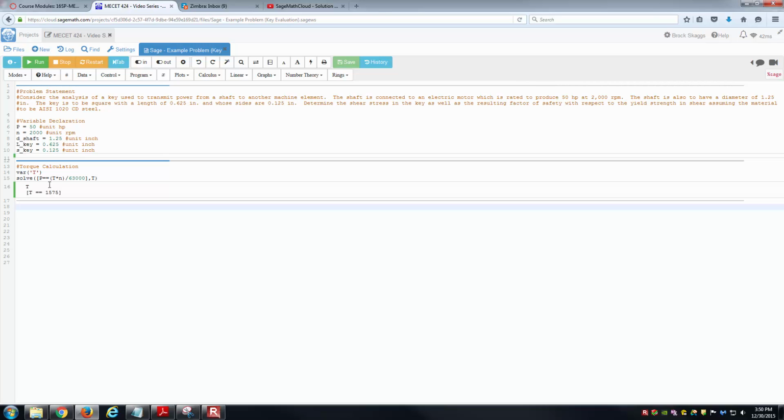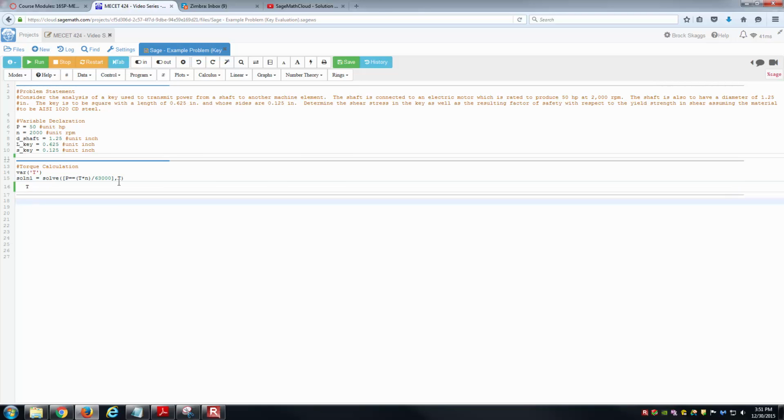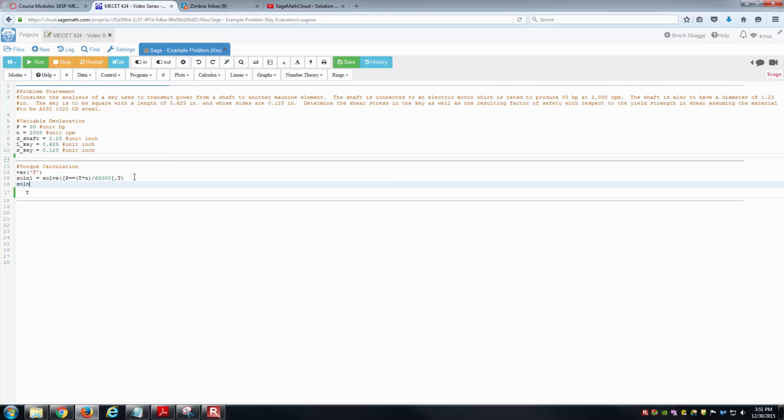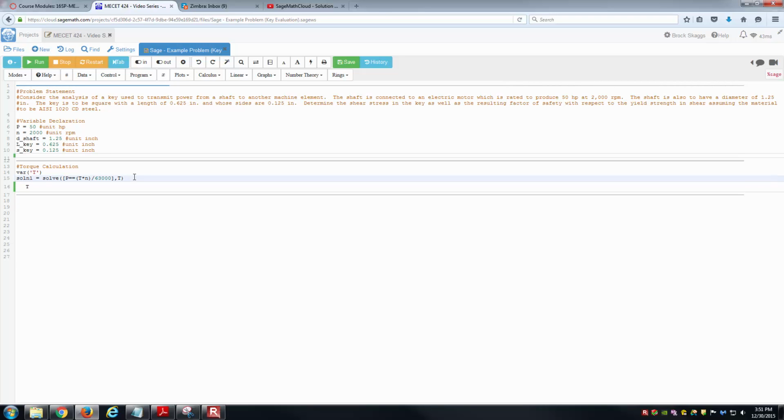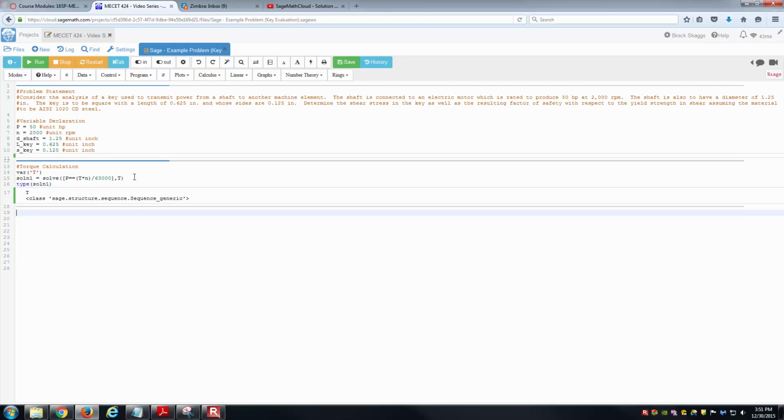But I can't really access T at this point, and so one thing I can do is say solution 1 is equal to this, and so now I'm just storing the solution in a variable. If you want to know the type of the variable, you can just type in type. It's a sequence again. We've seen this before in solving a system of equations.